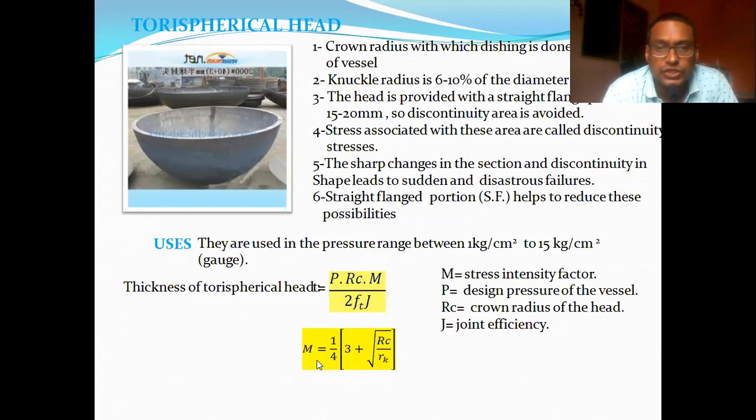M, the stress intensity factor, is calculated as 1/4 into 3 plus root of RC upon RK. This will be more clear when we see the numericals, which is after 18 minutes of closure 2 video.